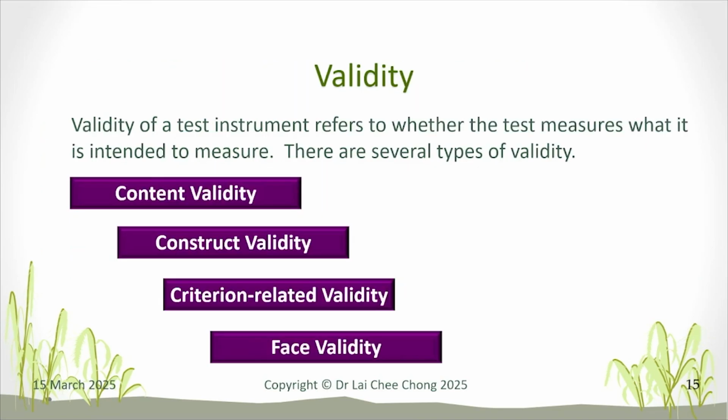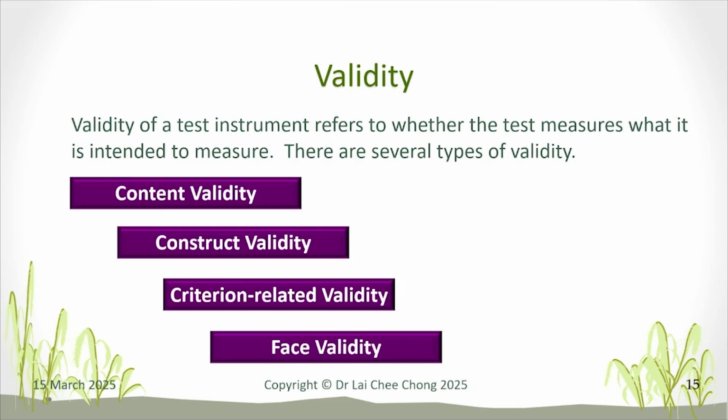That is where we talk about validity and reliability. These two look at the whole test itself, not just individual test items. So let's take a look at this, okay?